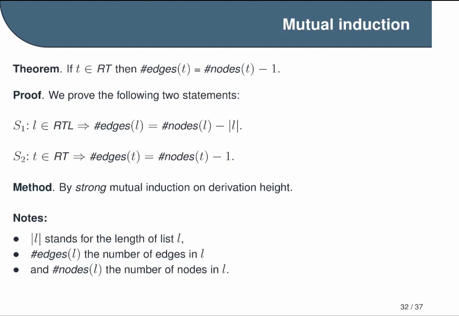Now, just as in our previous examples of inductive proofs, we've established some statement that we're going to prove. And in this case, the difference is we have an S sub 1 and an S sub 2, but we're still going to do the same thing next, which is to take our parameter, which we've chosen, derivation height, and parameterize this compound statement.